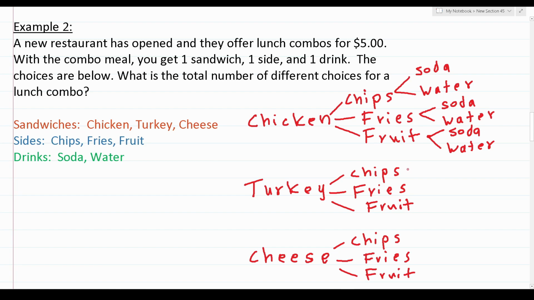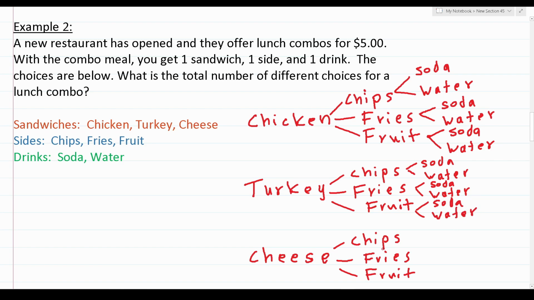If we have a turkey sandwich with chips, we can have soda or water. If we have a turkey sandwich with fries, we can have soda or water. If we have a turkey sandwich with fruit, we can have soda or water.